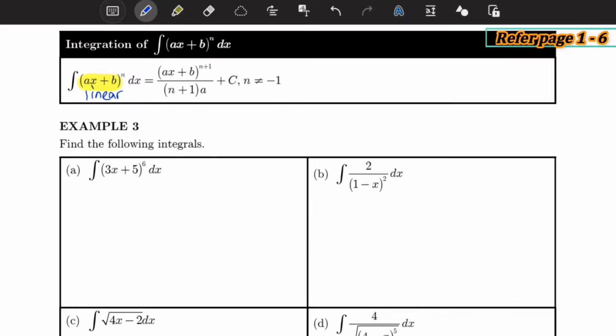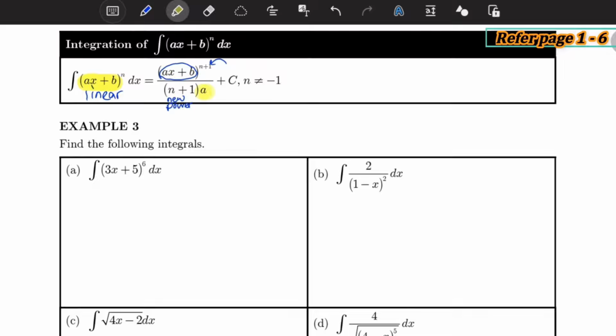Cannot be applied for quadratic, for cubic and so on. So integrate (ax plus b) power of n equals, as usual, we increase the power by 1. So we copy the bracket (ax plus b) power of n plus 1 divide by the new power, for this case n plus 1 in general, and then times a.